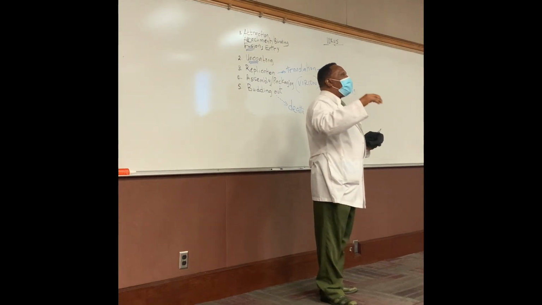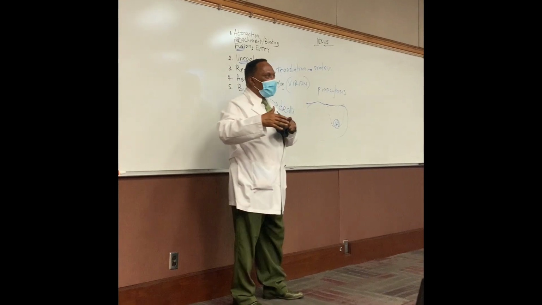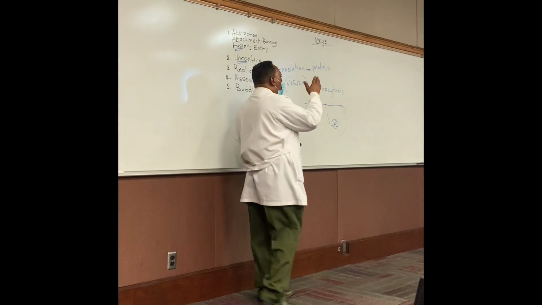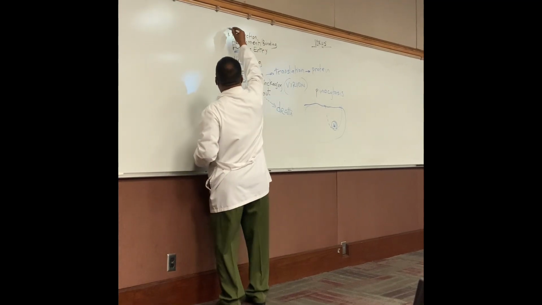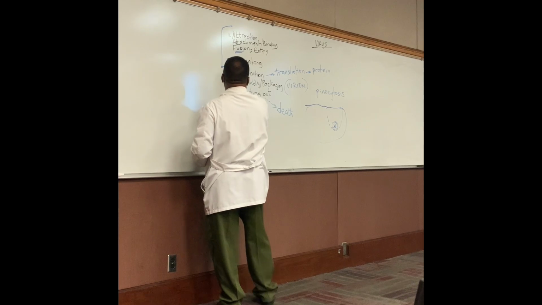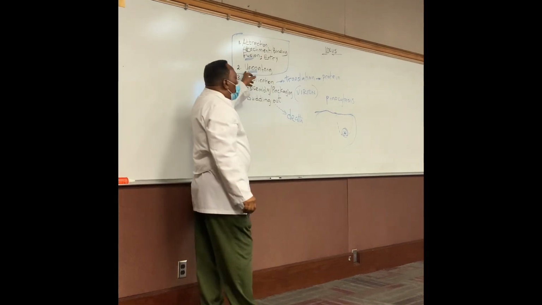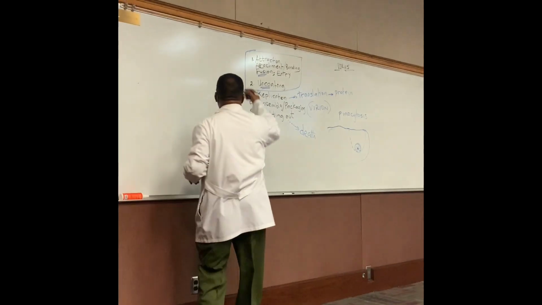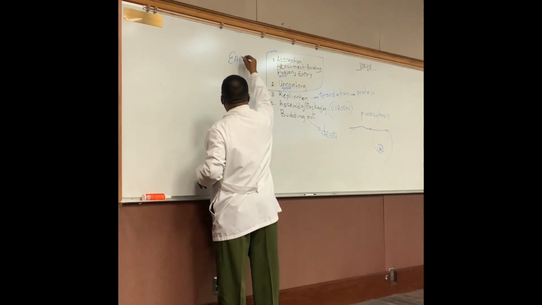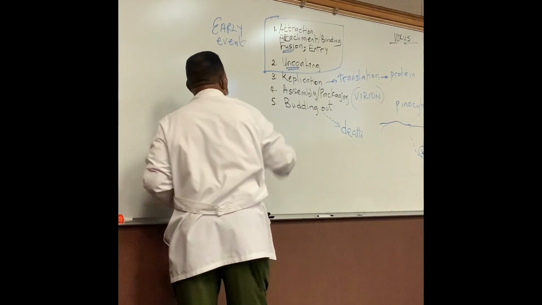we can now divide our drugs into those that would affect different stages. So everything from initial attraction all the way to uncoding is referred to as early events. Okay.